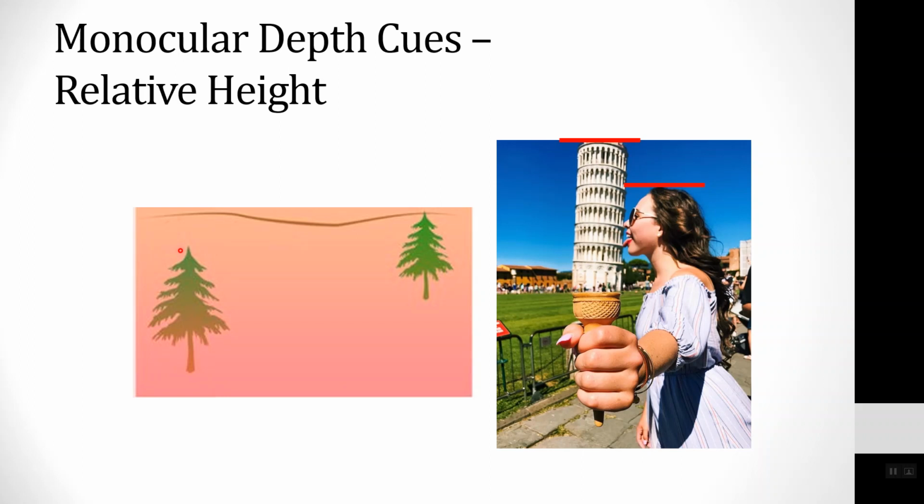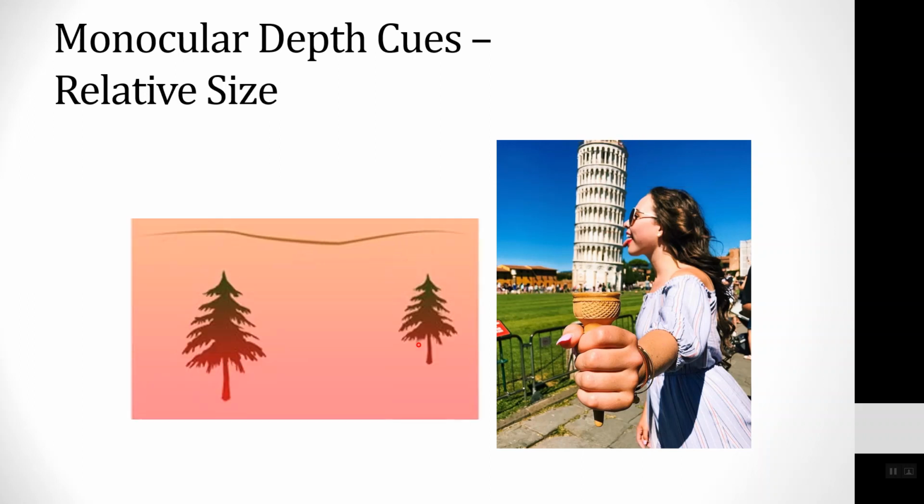So trees that tend to be further away from us tend to be higher, right? We perceive objects that are higher in our visual field as being further away. So for instance, the Leaning Tower of Pisa is taller than this woman here. We would typically see that as something that's further away, which it is, right? There's grass, there's other things that tell us that. But the relative height tells us this is further away, this is closer to us.